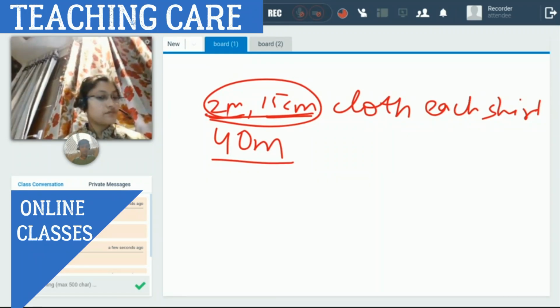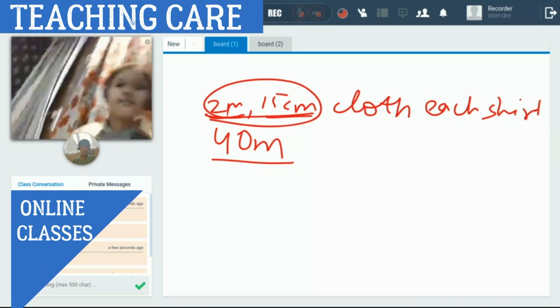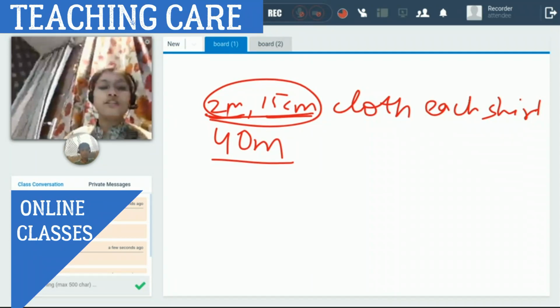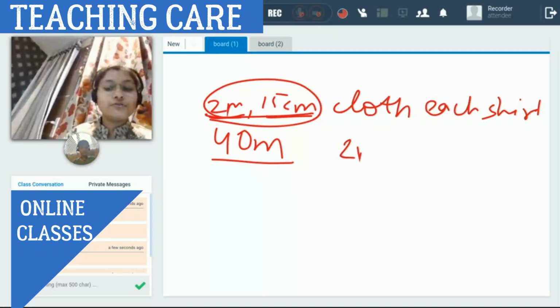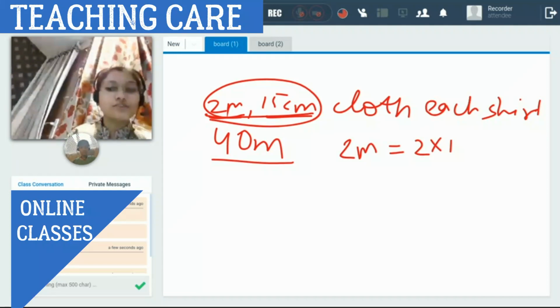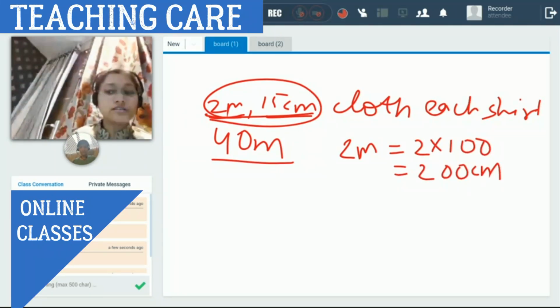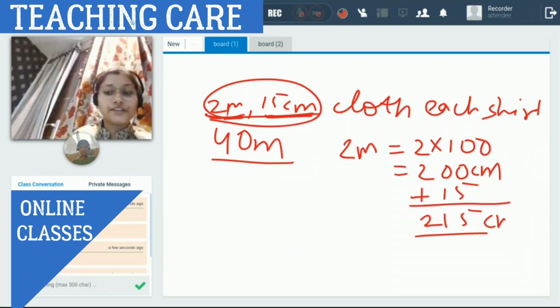It's better if I convert it into centimeters. 2 meter, how many centimeters? 2 into 100, 200 centimeter. So total is 2 meter 15 centimeter, so 200 plus 15, 215 centimeter. So this is the cloth required by each shirt.